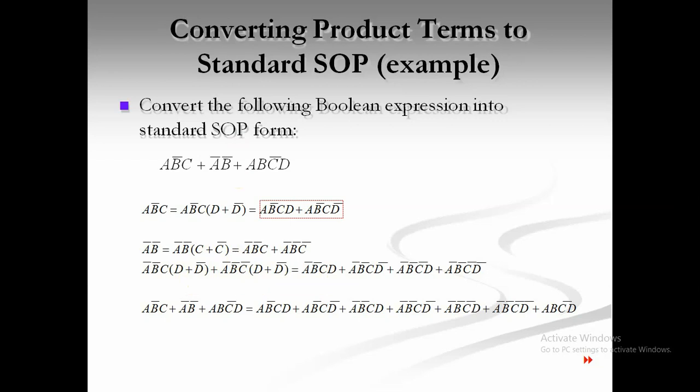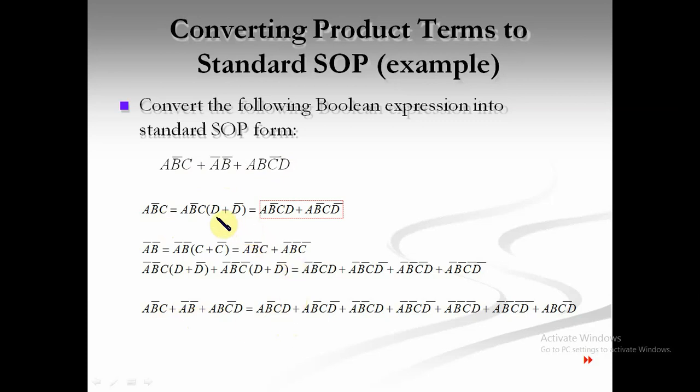The final equation: the given equation is A B bar C plus A bar B bar plus A B C bar D. There is one term with one variable missing and another with two missing.